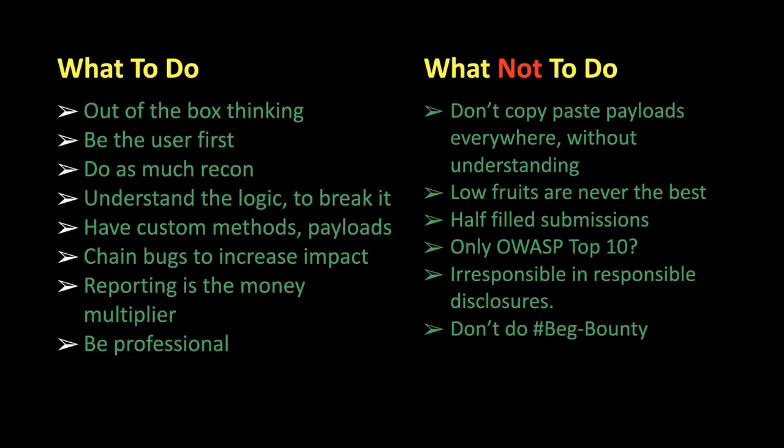Chain bugs to increase impact: if you find one vulnerability, and it's possible, change it to another vulnerability, and it will help increase our impact. Reporting is the money multiplier. In HackerOne, if your report is good, well written and everything is covered, they will sometimes give bonuses for the report.